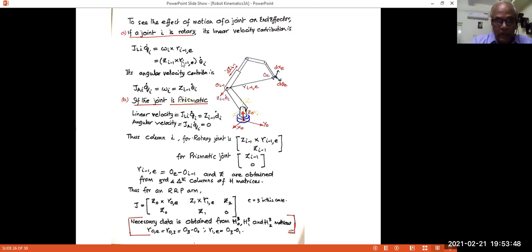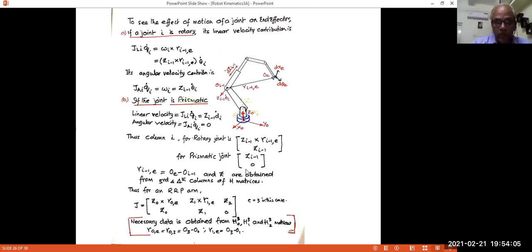So the two components you will have if it is a rotary joint are these two: z_(i-1) cross r_(i-1,e), and z_(i-1). This will be the ith column of the Jacobian if it is a rotary joint.